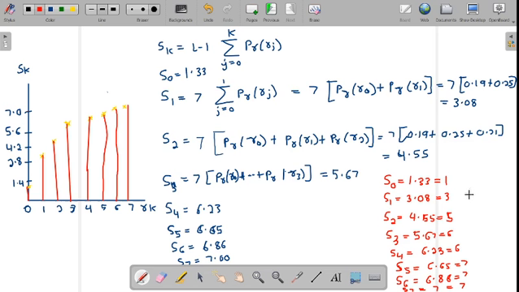Observe carefully over here. If you observe, there is 1 but there is no 0. 0 is missing, 2 is missing, 4 is missing. So you lost these values, right?